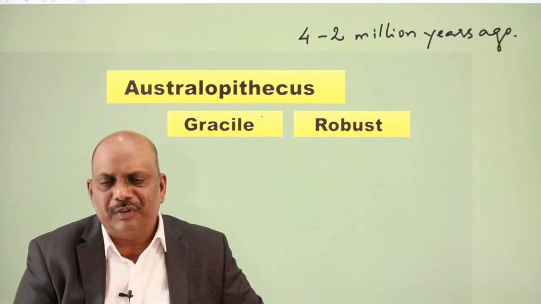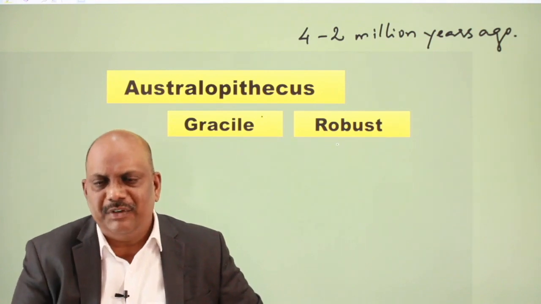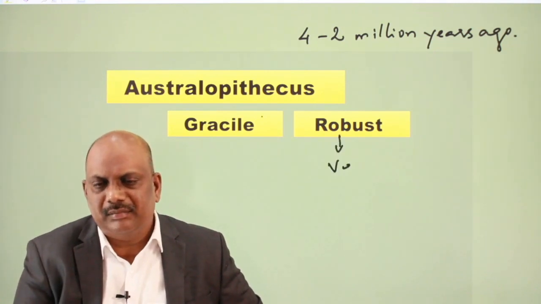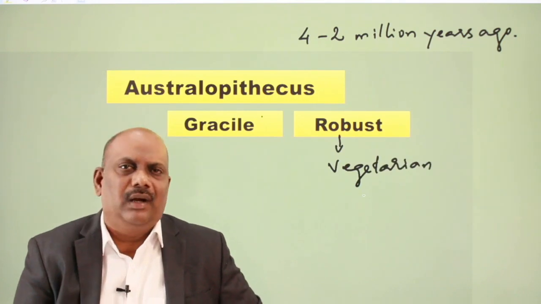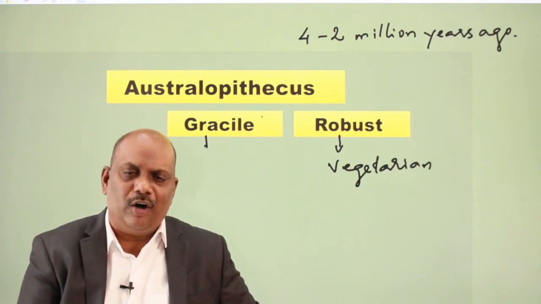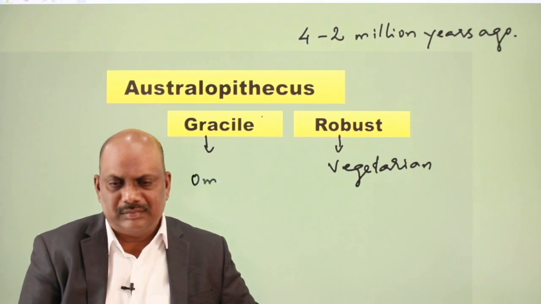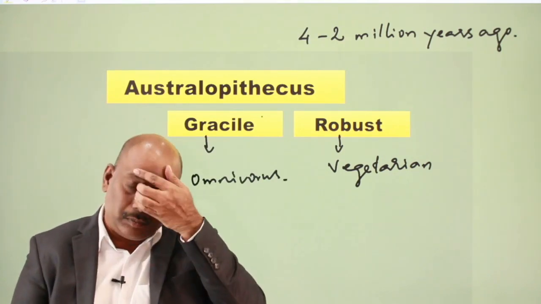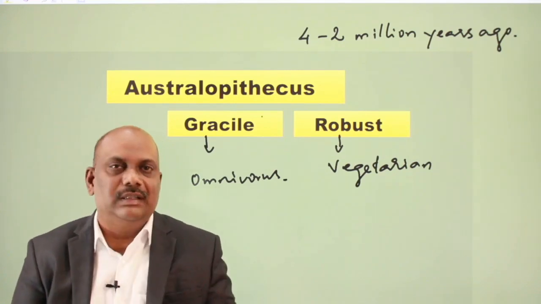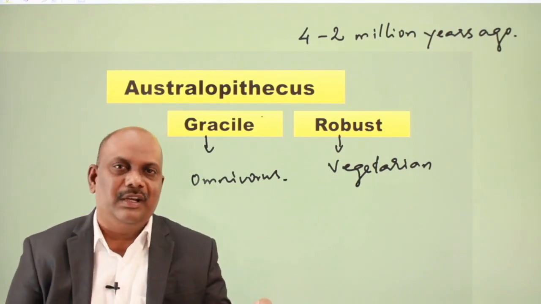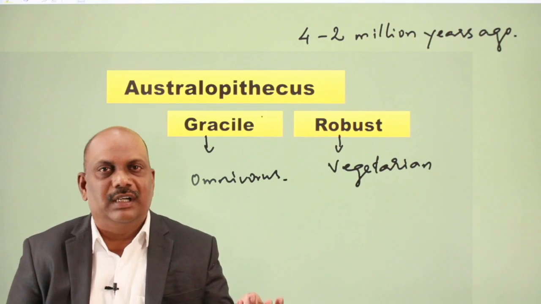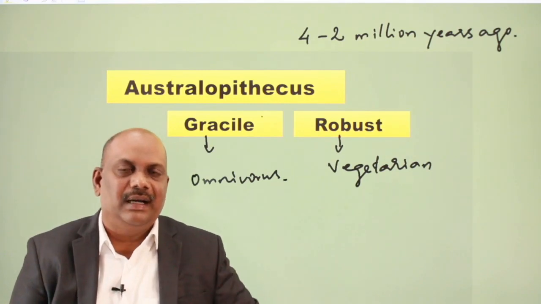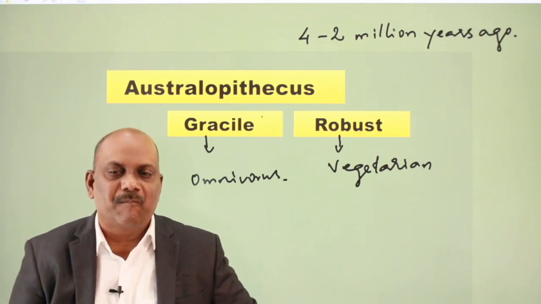These robust were strictly vegetarian. On the other hand, the gracile were omnivorous. Omnivorous means they eat both meat, fruits and nuts, tubers, they hunt animals, etc.